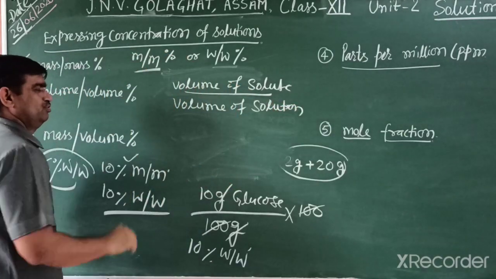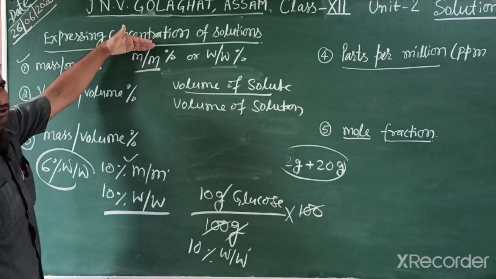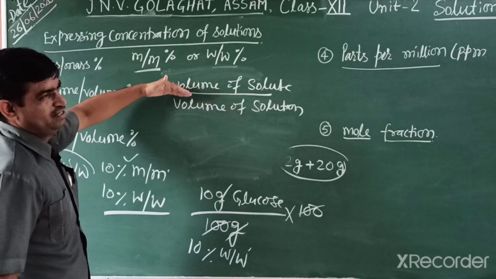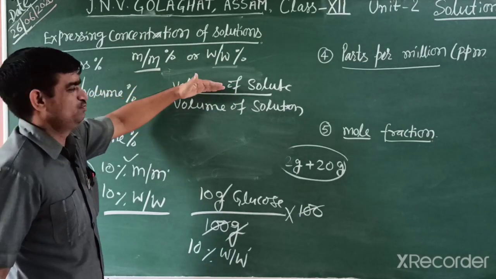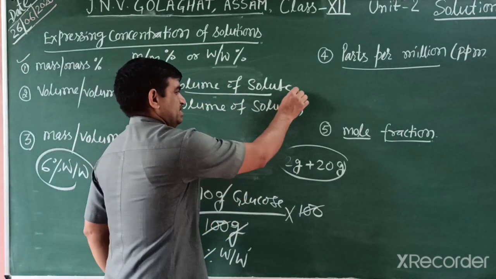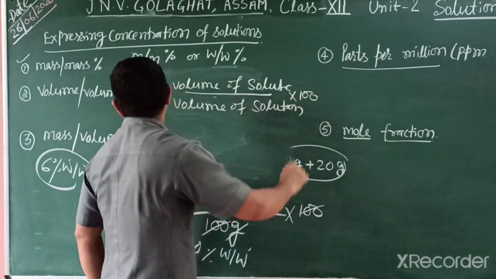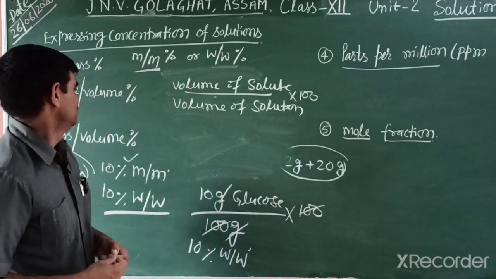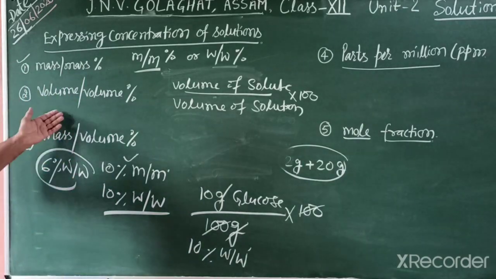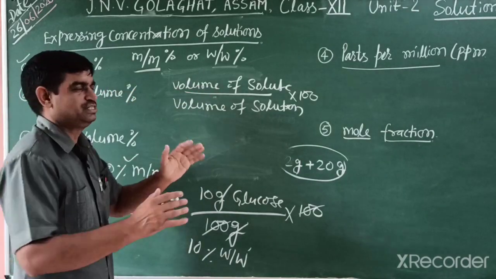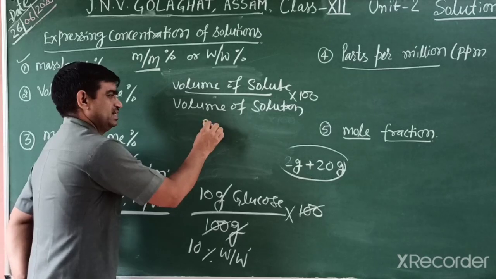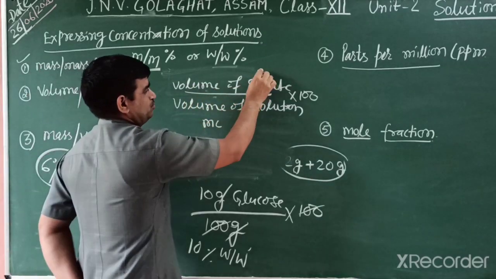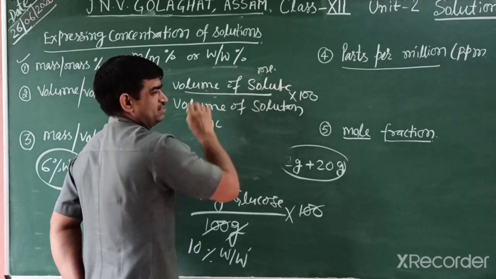Earlier we had mass of solute by mass of solution into 100, and in this we take volume of solute by volume of solution into 100. So this is known as volume by volume percent. Generally we take volume in milliliter, and the volume of solute also in milliliter.